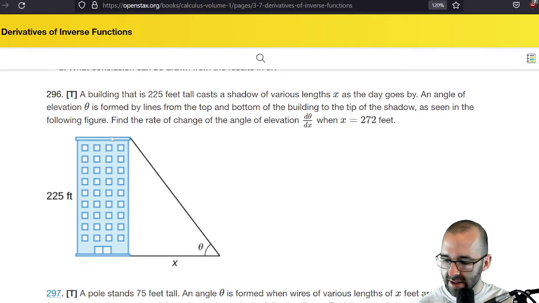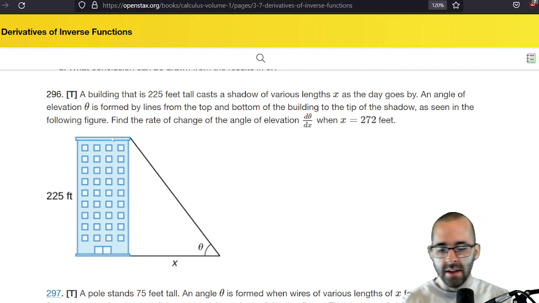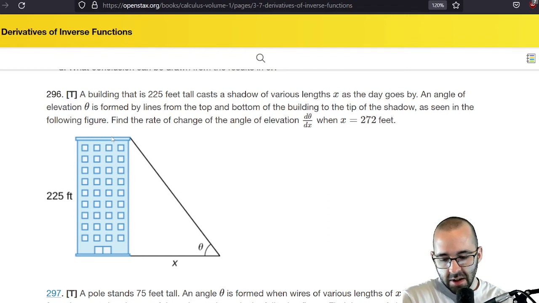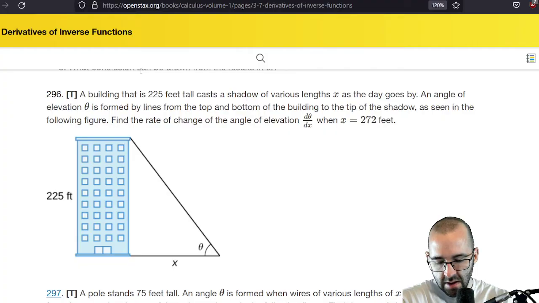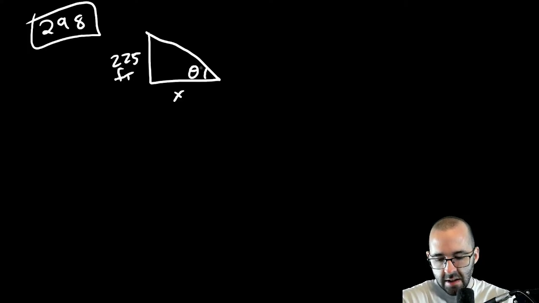do 296 instead. A building that is 225 feet tall casts a shadow of varying lengths as the day goes on. I'm going to draw my picture, copy it down. This is 225 feet. This is x. This is theta. Right?